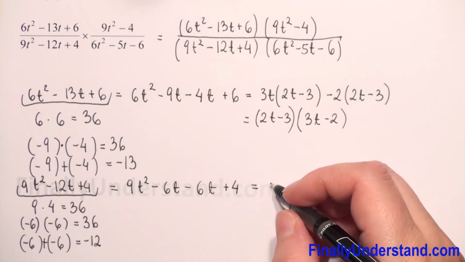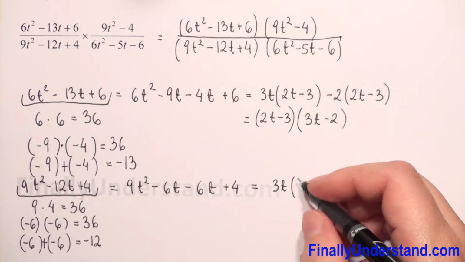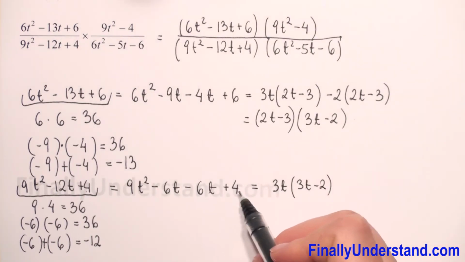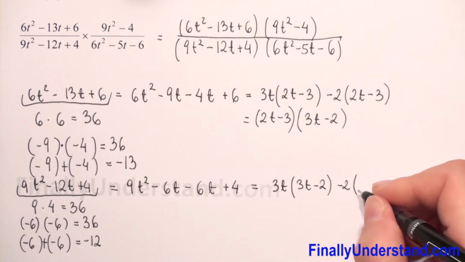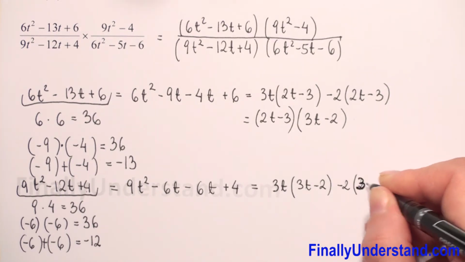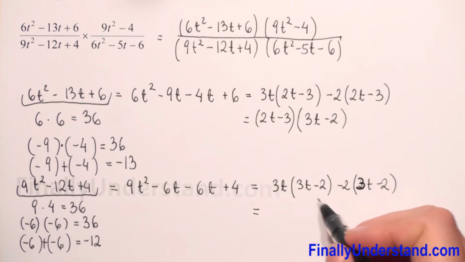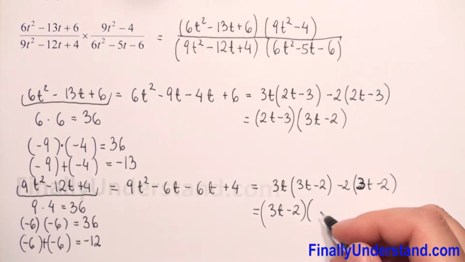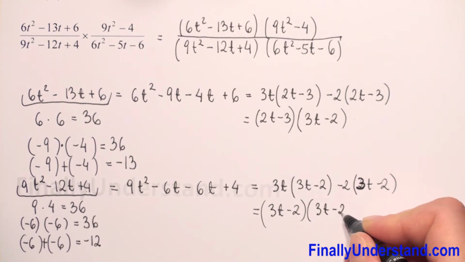The greatest common factor for these two terms will be 3t, and in parentheses we will have 3t minus 2, and from the last two terms we will factorize negative 2, so it will be 3t minus 2. So this is equal. We will now factorize 3t minus 2, and whatever is left will be in the second parenthesis, 3t minus 2.